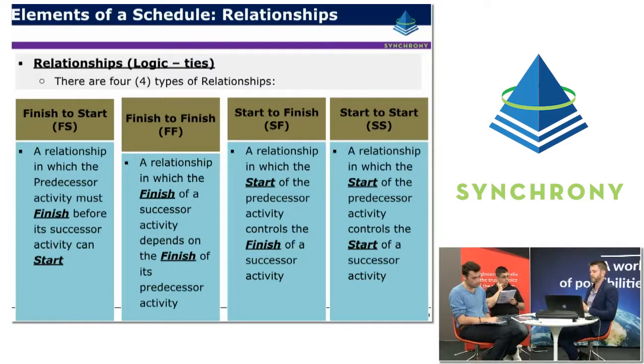So there might be this relationship where the start of the predecessor activity will control the finish of the successor activity. And start to start, which is a fairly common sort of relationship, where the start of a predecessor activity controls the start of a successor activity.